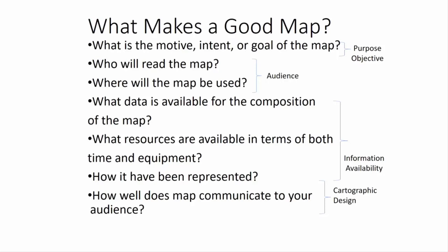But as you change the scale, there is additional information which has to be taken in. For example, if I create a map at 1 is to 50,000 scale of a particular city, but then want to represent that information at 1 is to 5,000 scale, the road will no longer be a line, but should be represented as a polygon. It should have a proper width assigned to it, and so on.